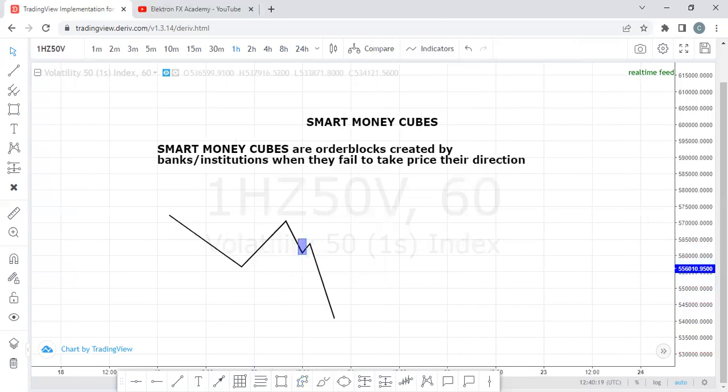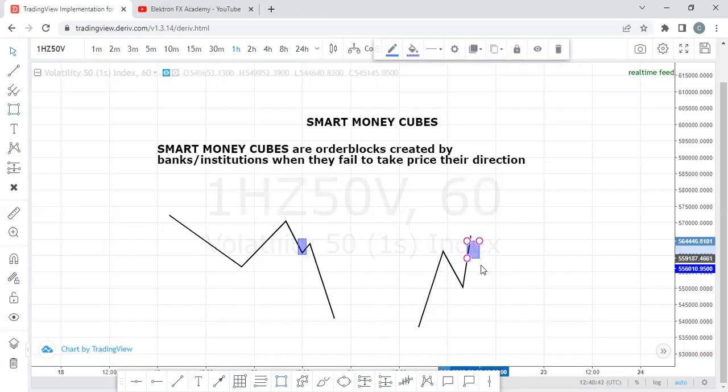It also happens in a bullish situation. The market is going higher, and at this point here, the market was buying. Then at this point here, you are able to spot a little small candle that was pushed to the downside. Let's make it red as well, so you can understand. You see that small bearish candle.